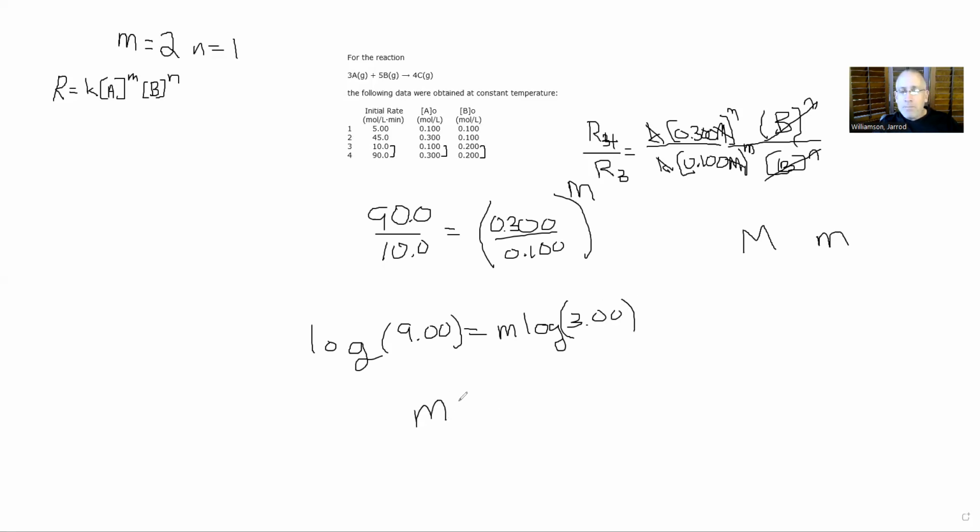So m is going to be equal to the log of 9 over the log of 3, right? And getting my calculator out to make sure I don't do any brain farts, but I should get 2. Clear, log of 9 divided by log of 3, and I get 2.